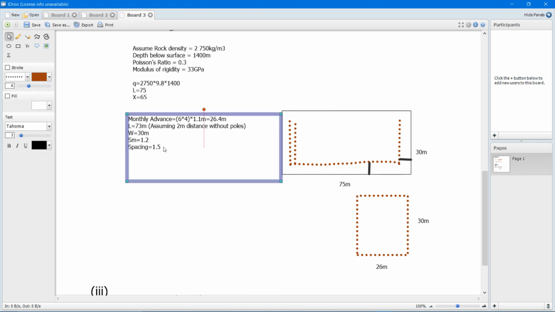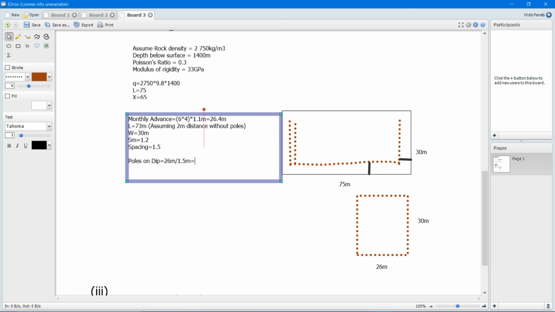So poles on dip is going to be equal to 26 meters divided by 1.5 spacing, correct?